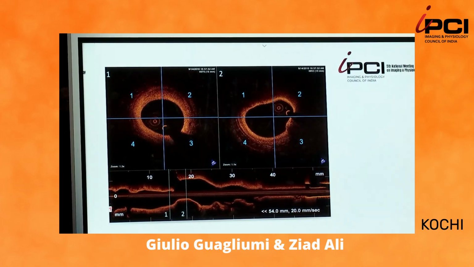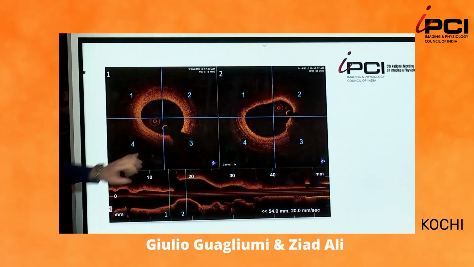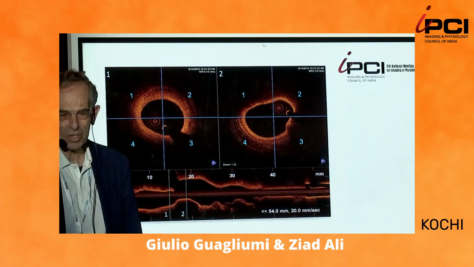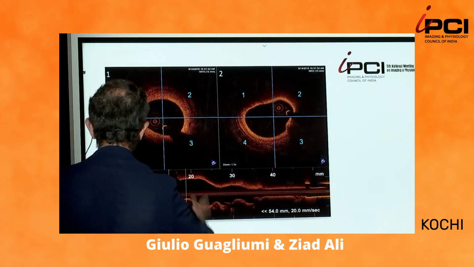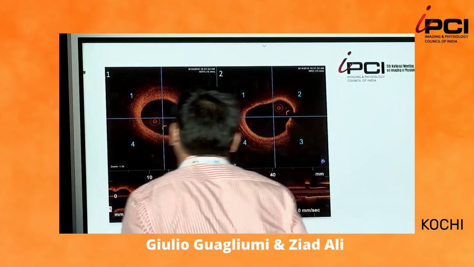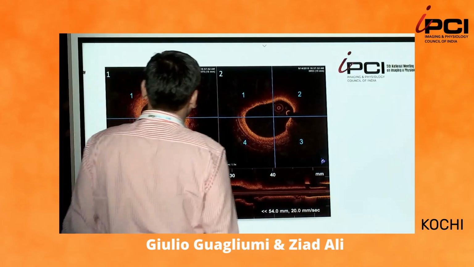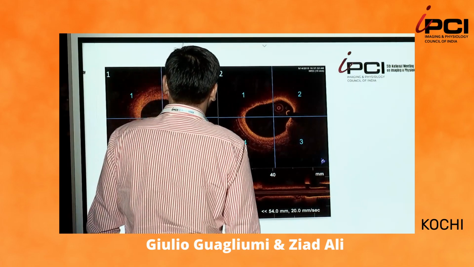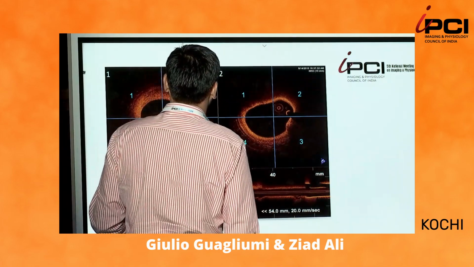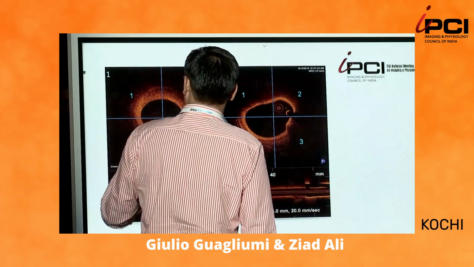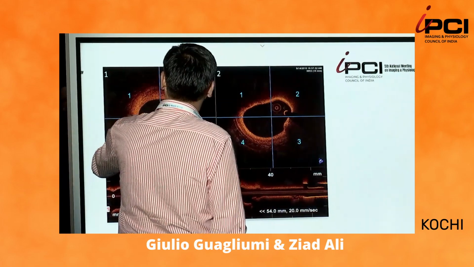Attribution of the major components. So you have two different plaques in cross-section, and you need to say what this plaque is and what this plaque is. So let's make the interpretation. You have lipid, fibrous, calcified, and you have quadrants. Fibrous?